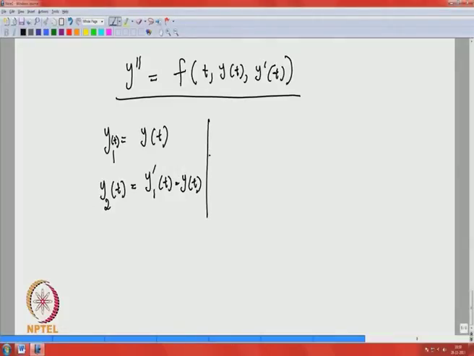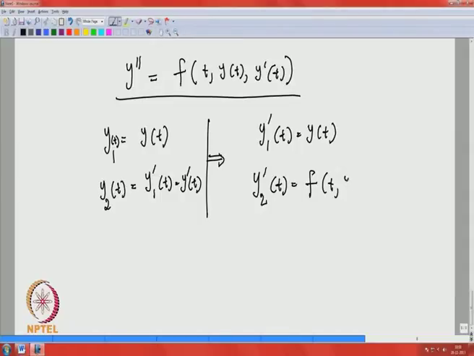With this, y1 prime of t is equal to y2 of t, and then y2 prime of t is nothing but y double prime of t, that is nothing but f of t, y1 of t and y2 of t.